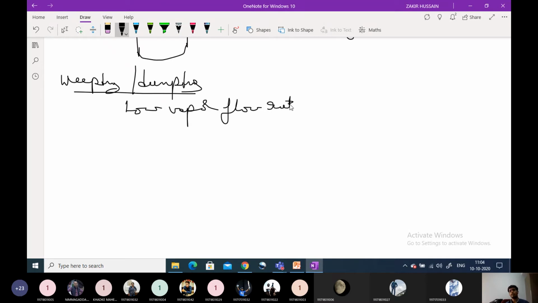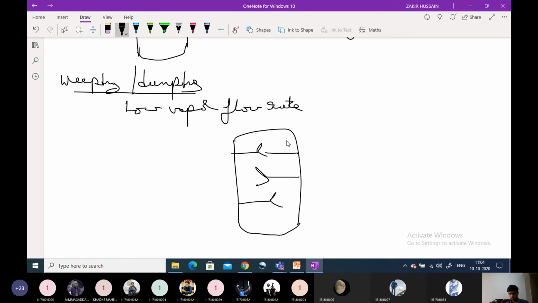The above three phenomena, foaming, flooding and entrainment, are caused by high vapor flow rates. But weeping or dumping is caused by low vapor flow rates. If you consider this as a column, the same number of plates will be there, like this.